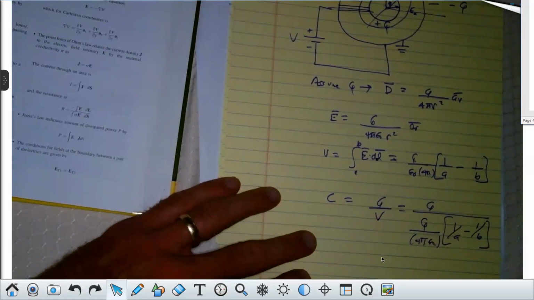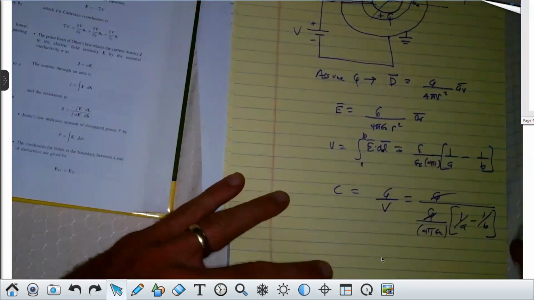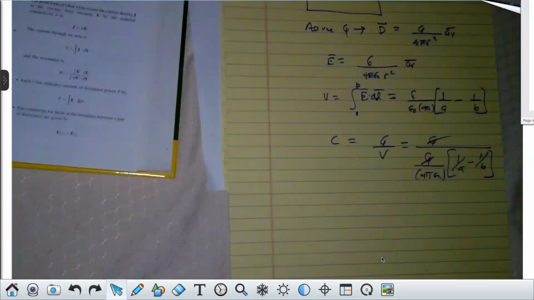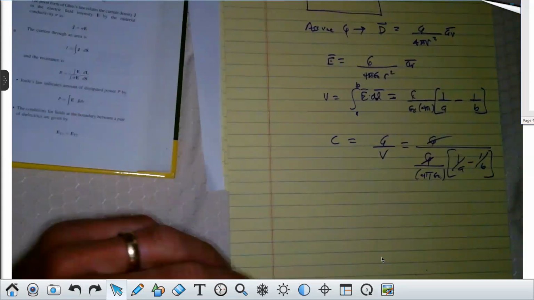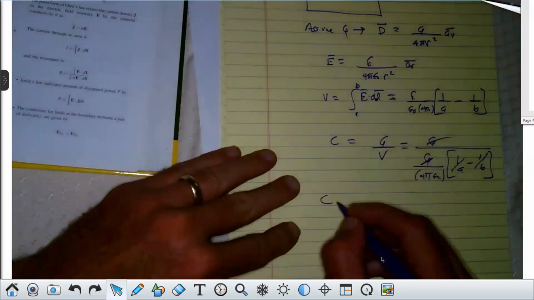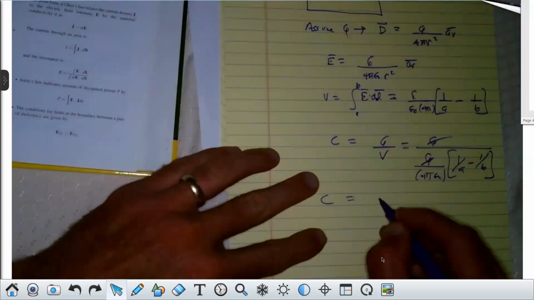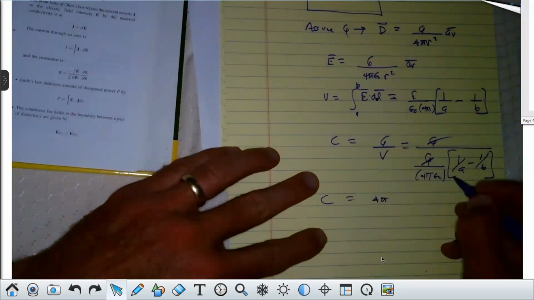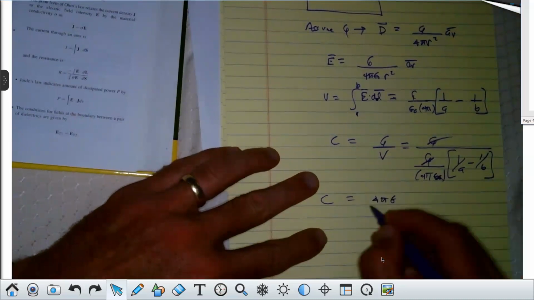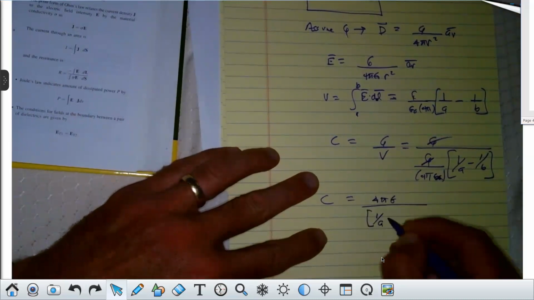Please be careful on this step. Y'all see how the Q's cancel? And they always will. Capacitance will never be a function of charge unless it's a nonlinear capacitor. And that means the capacitance for the simple one will be equal to 4 pi epsilon over 1 over a minus 1 over b.